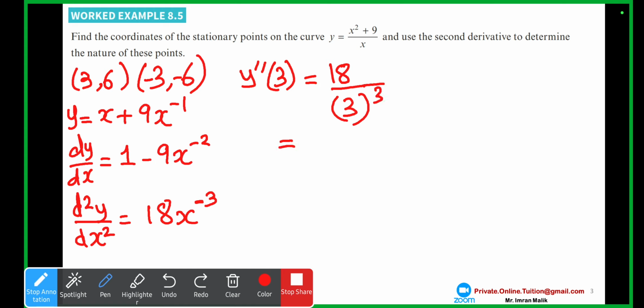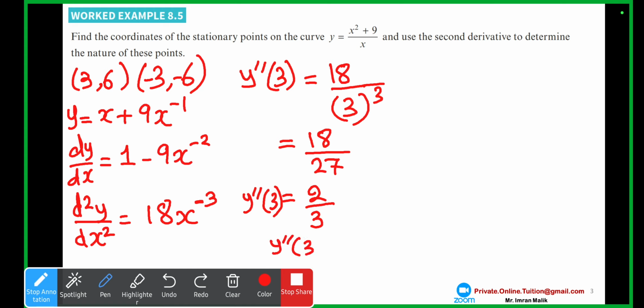And if we simplify this, it turns out to be 18 over 27, since 3 to the power 3 is 27, and 9 goes into 18 twice, and it goes into 27 3 times. So y double prime at 3 is a positive number, which implies that since y double prime at 3 is more than 0, it is a minimum point.